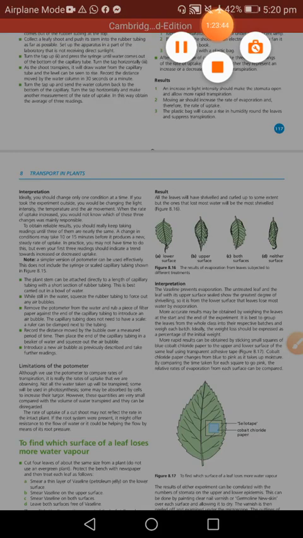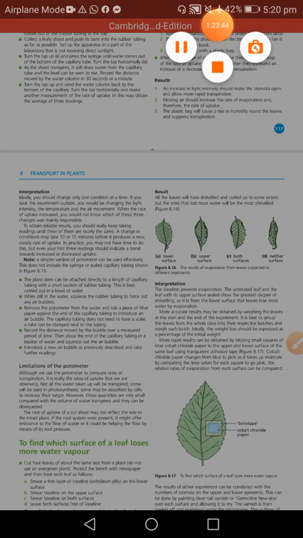But later on, after water leaves the guard cells, it just becomes like this, and this is now the pore which is closed. So this is the opening and closing of the stomata.